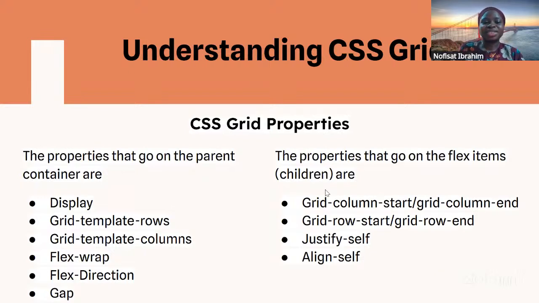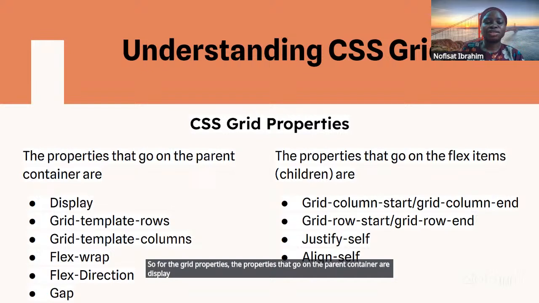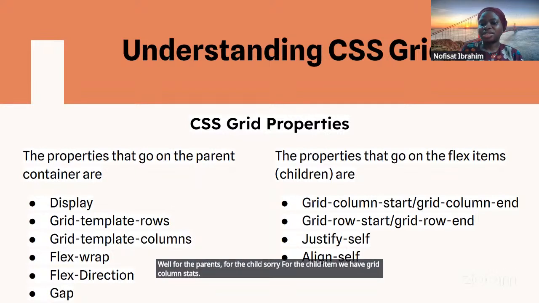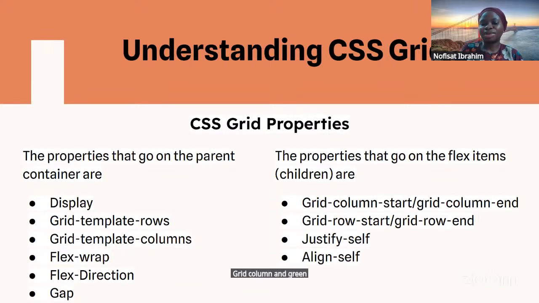For the grid properties, the properties that go on the parent container are display, grid template rows, grid template columns, flex wrap, flex direction, and gap. For the child item, we have grid column start, grid column end, grid row start, grid row end, justify self, and align self.